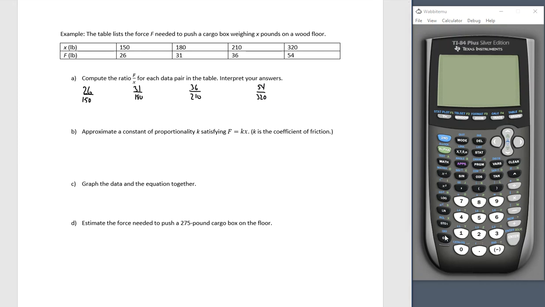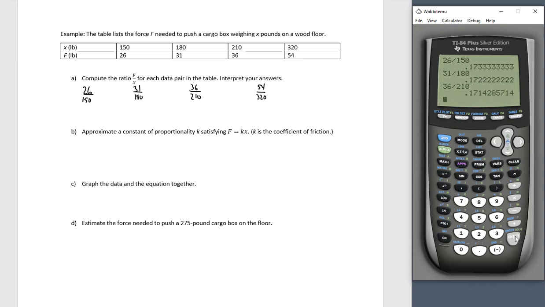Let's pull up our calculator here. 26 divided by 150. All right, what's 31 divided by 180? Interesting. 36 divided by 210.